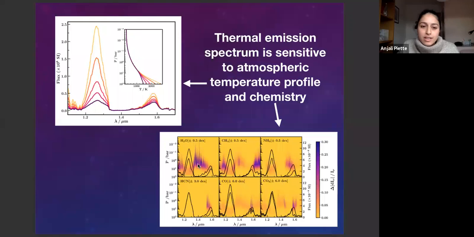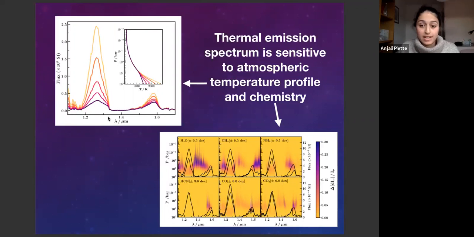But the other great thing is that we can learn a lot about the temperature profile in the atmosphere. So here on the top left is just an example of how different slopes in the atmospheric temperature profile can lead to very different thermal emission spectra. And that means that these observations can really allow us to constrain the temperature profiles in these planets and brown dwarfs.